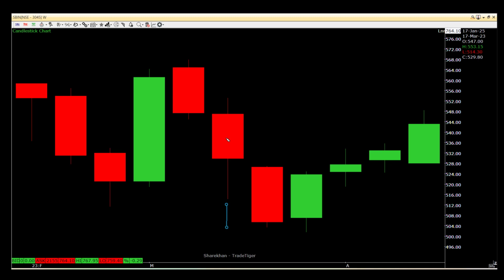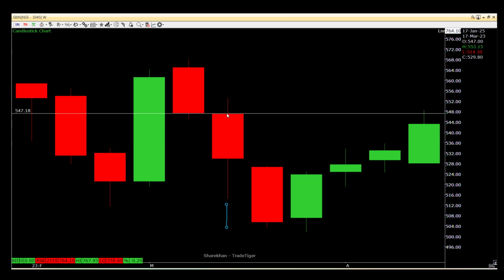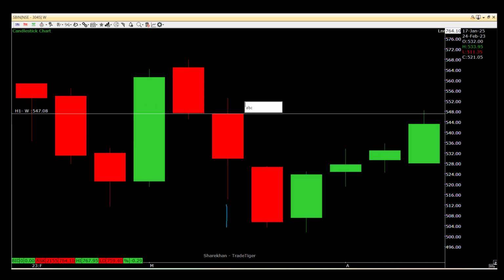So basically, in this red candle, this is the open. The open is 547. You take a horizontal line and put it here. It is 547. So it was the open price. Then in the whole day, it made a high of, we can see right side upper corner, 553.15.